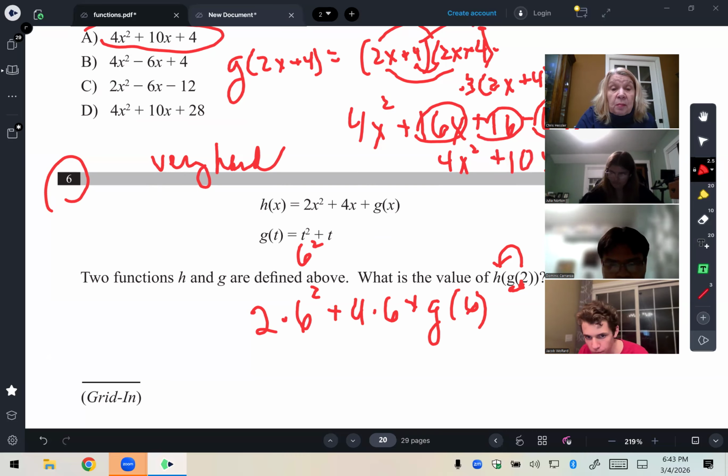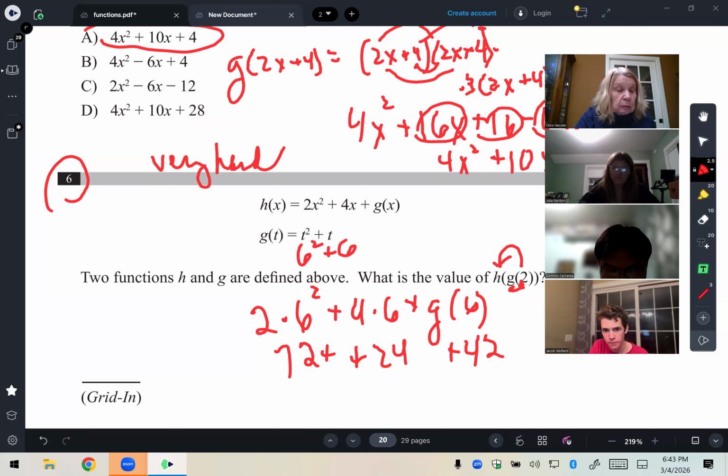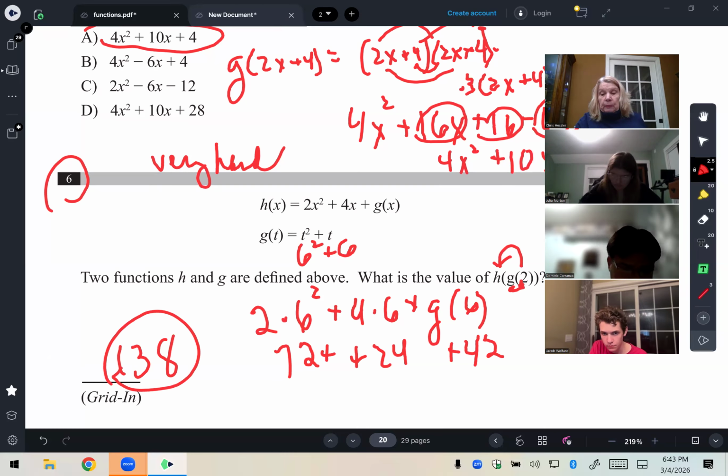So 6 squared plus 6, 36, so that'll give us 42 plus 24. 2 times 36 is 72. And we should get out 138. And that was a real hard one.